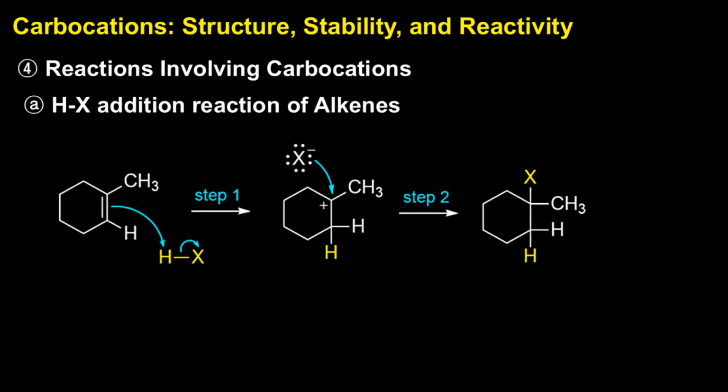First, the alkene reacts with a proton, and that creates a carbocation ion intermediate. Then, the halide ion, like Cl- or Br-, comes in and attacks that positively charged carbon. And just like that, you get your final product. So the formation and stability of the carbocation ion directly affect the path and speed of the reaction.